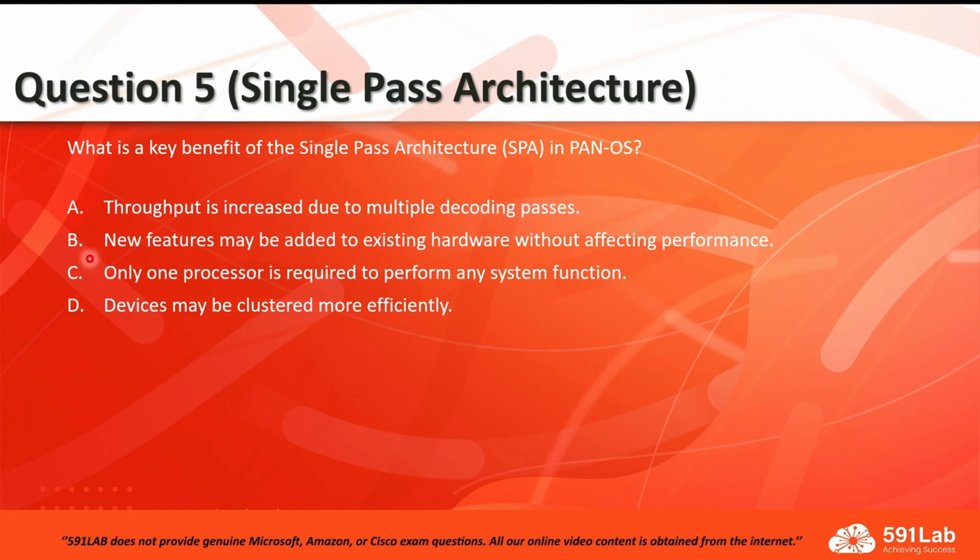Or B. New features may be added to existing hardware without affecting performance. Or C. Only one processor is required to perform any system functions. Or D. Device may be clustered more efficiently.